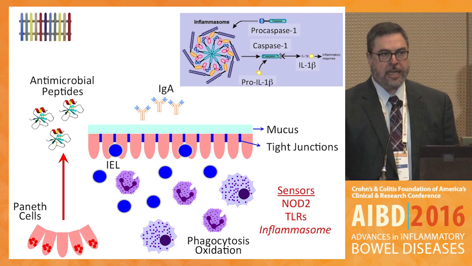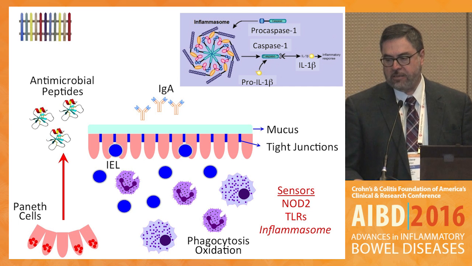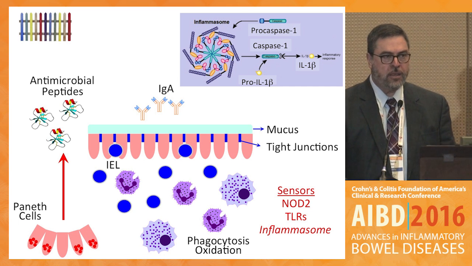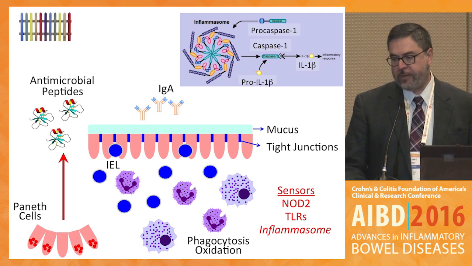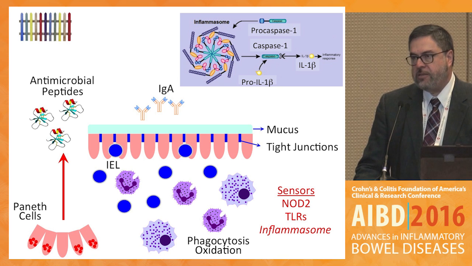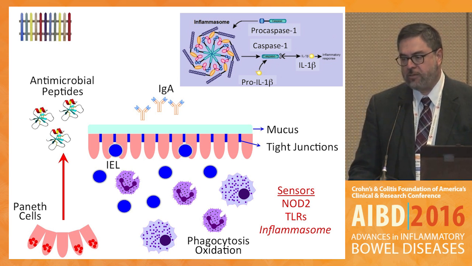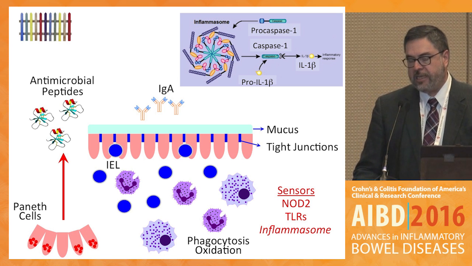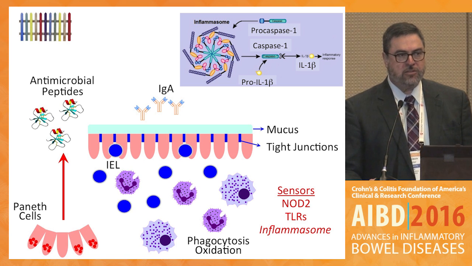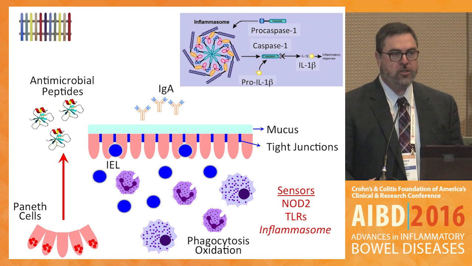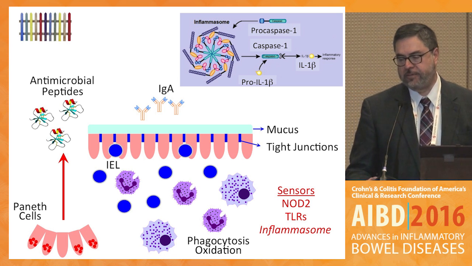So in the last few years, there is another system that is gaining importance, and that system is called the inflammasome. The inflammasome is an elegant structure, as shown here. It's very pretty, it looks like a spiral. Basically its function is to be a recognition sensor inside of the cells, and it responds to the presence of certain innate stimuli to generate IL-1 beta and IL-18.